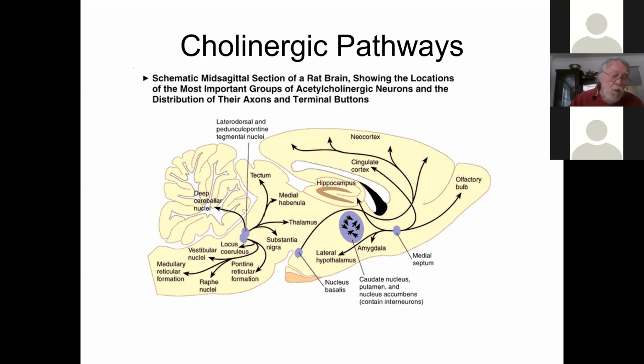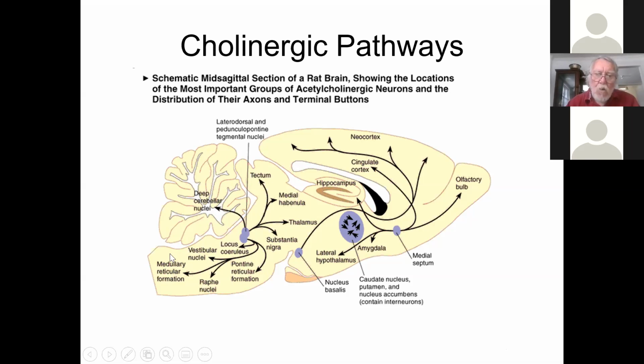But a number of other cholinergic cells have projections of this caudal group that control the deep cerebellar nuclei, usually through excitation, activation of the superior and inferior colliculi, activation of the medial habenula, activation of the thalamus, activation of the substantia nigra, then modulating the locus coeruleus, pontine reticular formation, vestibular nuclei, raphe nuclei, and medullary reticular formation.